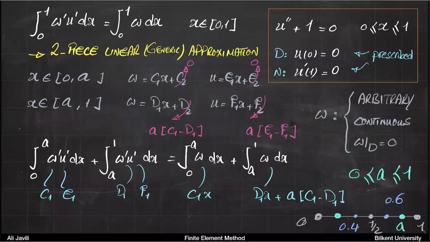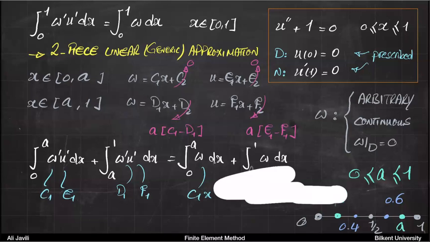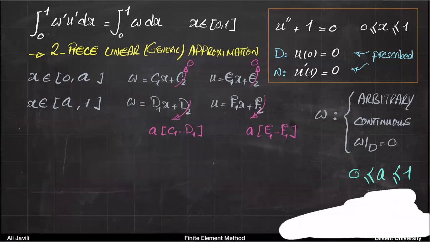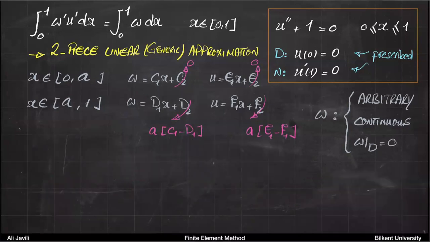After writing the integral, you get an equation which will look like A C1 E1 plus (1 minus A) D1 F1.